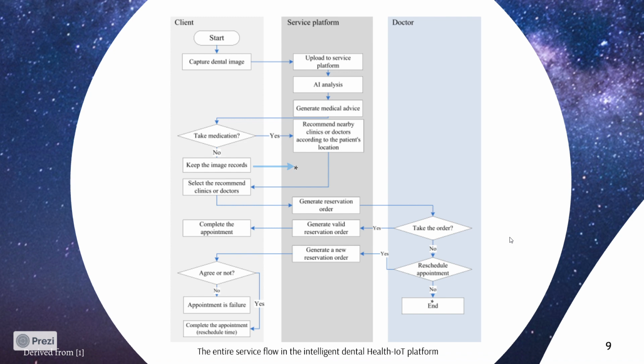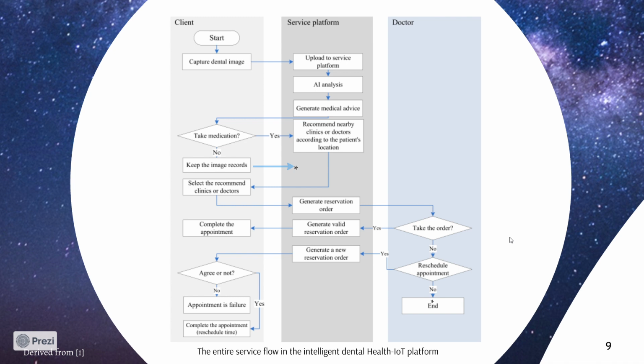But if it's yes, after the recommendation of nearby clinics or doctors, it asks you to select the recommended clinic or doctor, after which it generates a reservation order. If the doctor takes the order, it generates a valid reservation order, and gives you the completed appointment and the proof of the reservation.